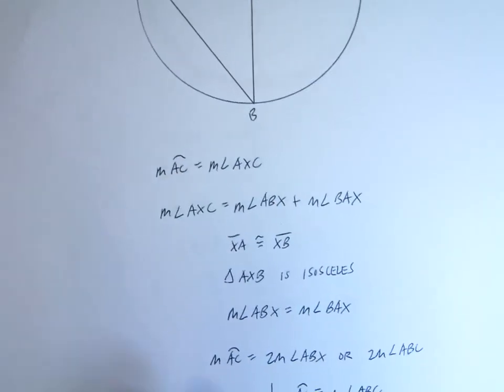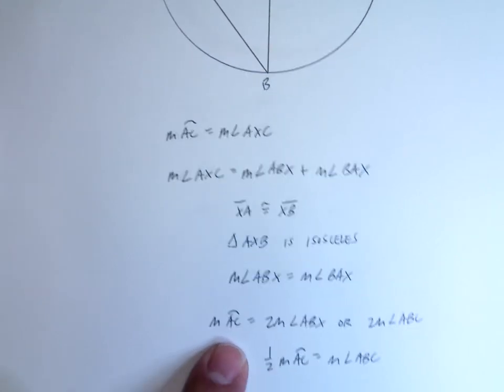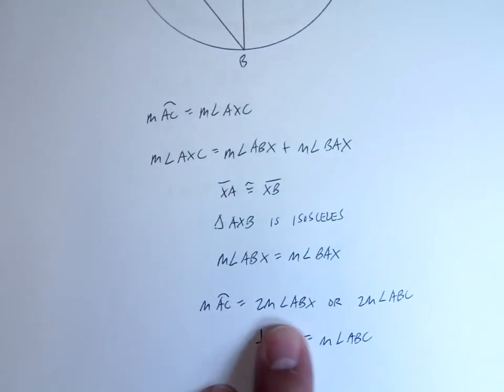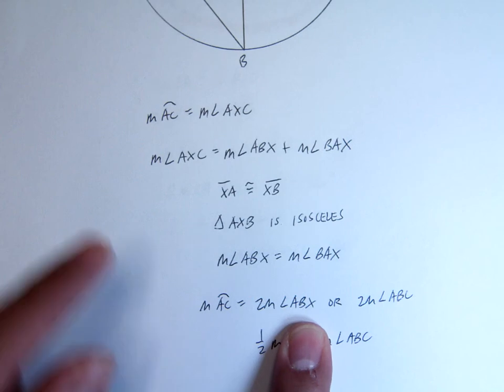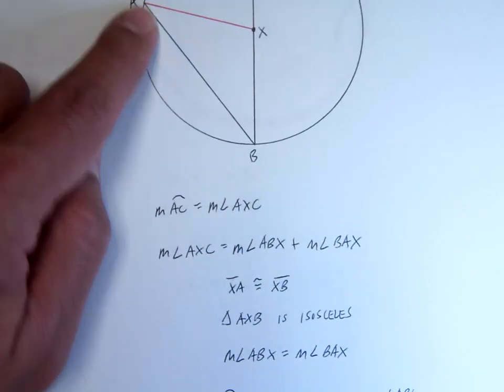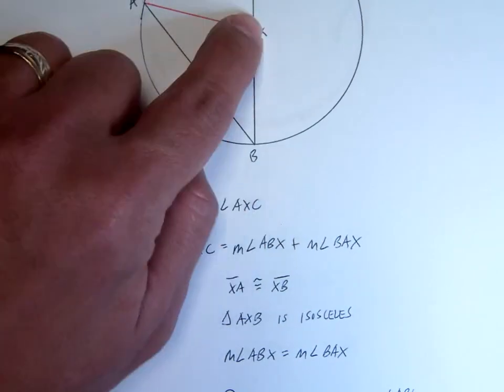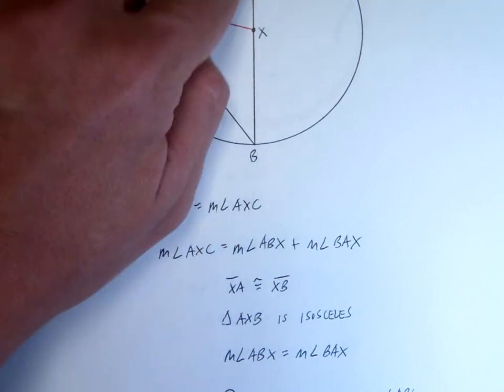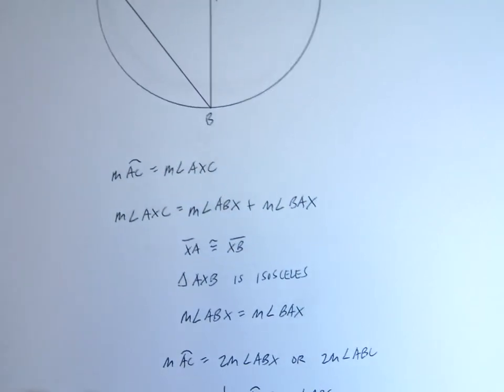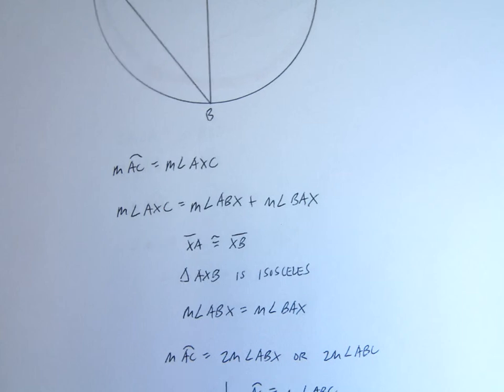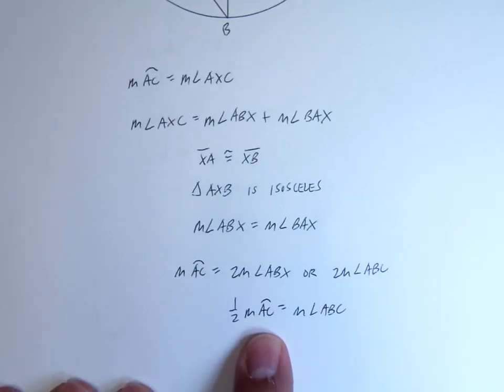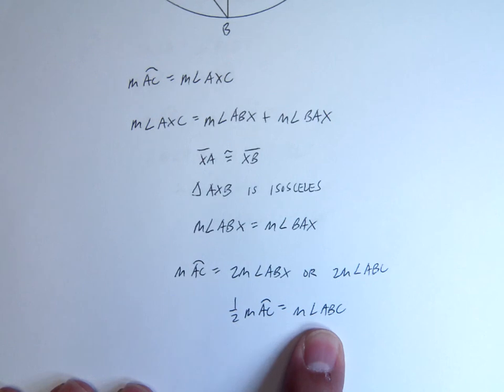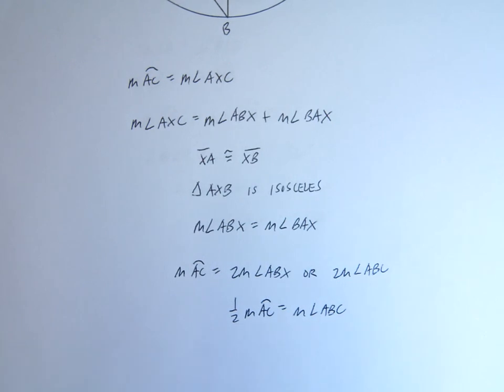So now I can just say that the measure of arc AC is equal to 2 times the measure of ABX. And ABX is up here, and so ABX is the same as ABC. So then I can say that half the measure of arc AC is equal to the measure of angle ABC. Okay, so we just proved the inscribed angles.